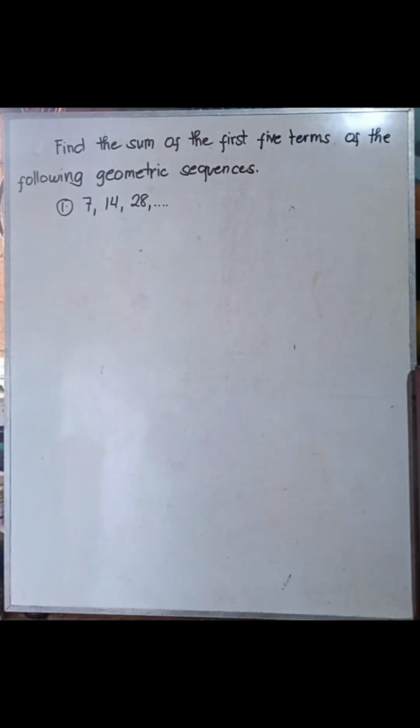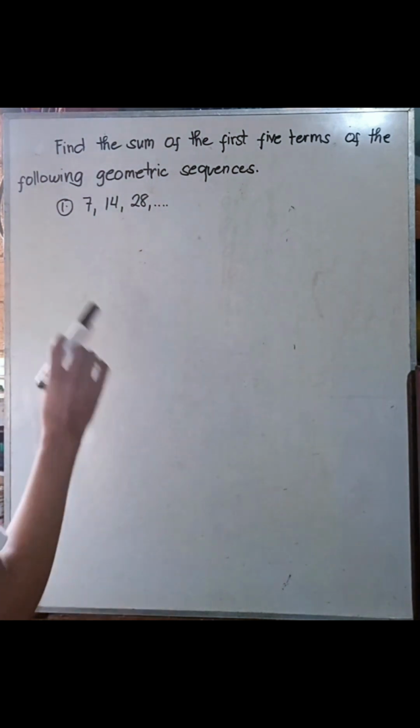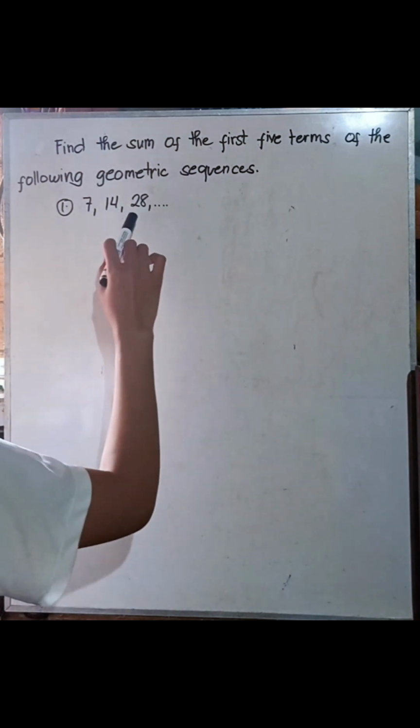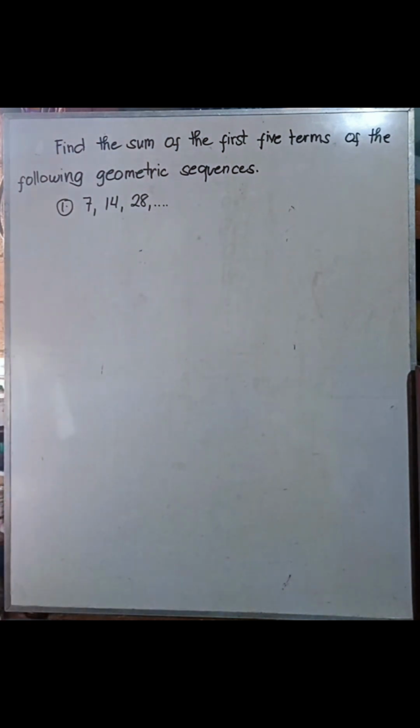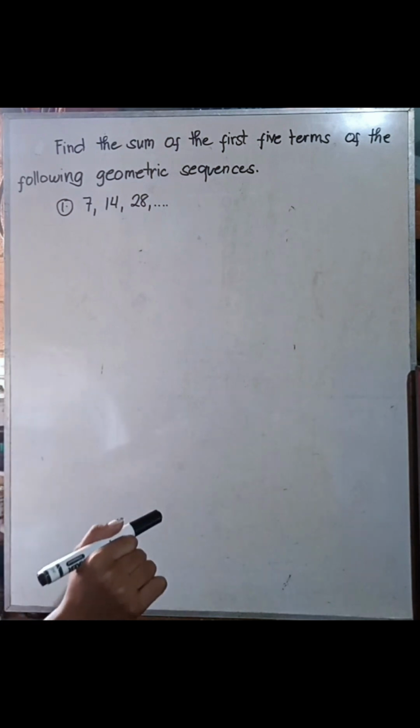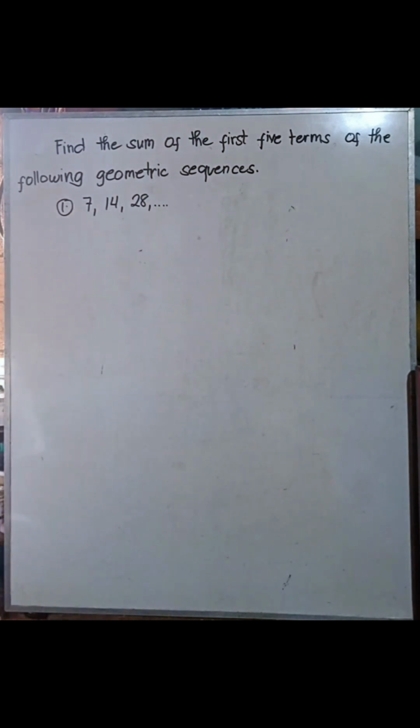Find the sum of the first 5 terms of the following geometric sequences. So, let's start with number 1. So, we have here a geometric sequence which is 7, 14, 28, and so on. Basically, you will definitely first identify the common ratio of the sequence to generate the next term of the sequence.